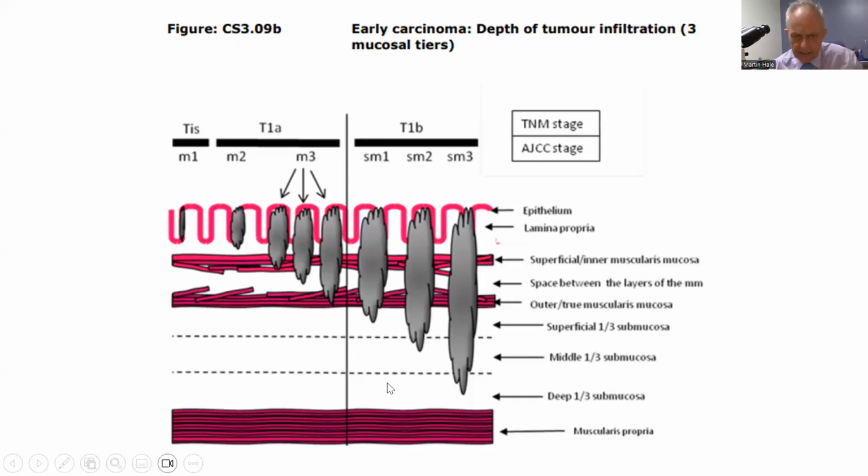So that's SM1, SM2, SM3. Basically, it's quite simple: inner third, middle third, and outer third. Effectively what it's doing is delineating the bulk of the tumor, because as we know, the size of a tumor is what determines the prognosis.